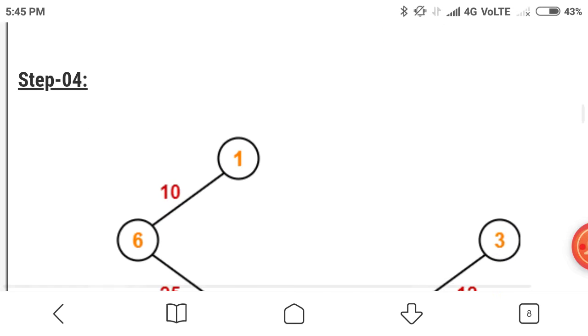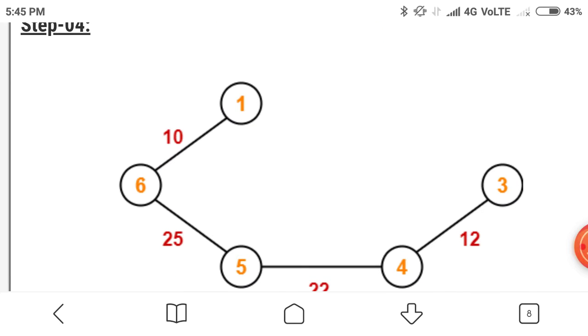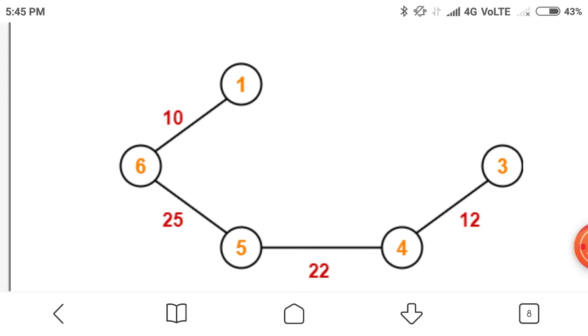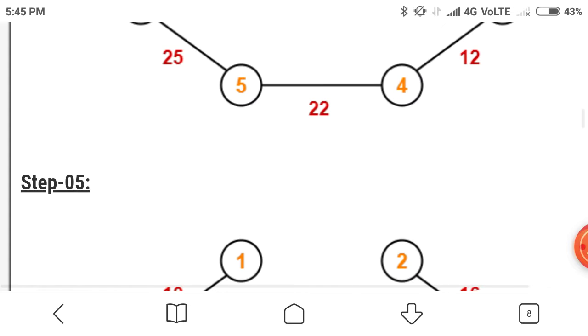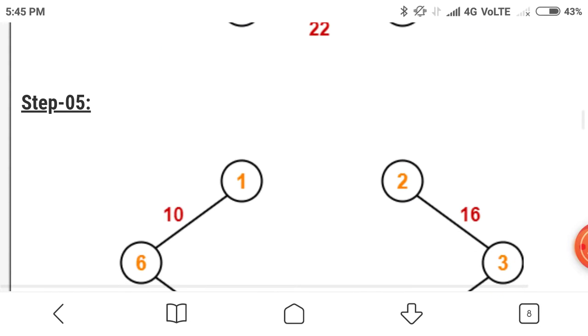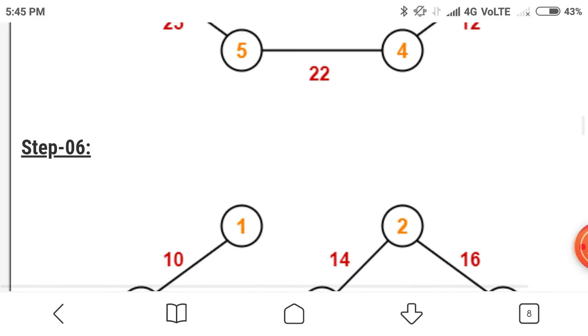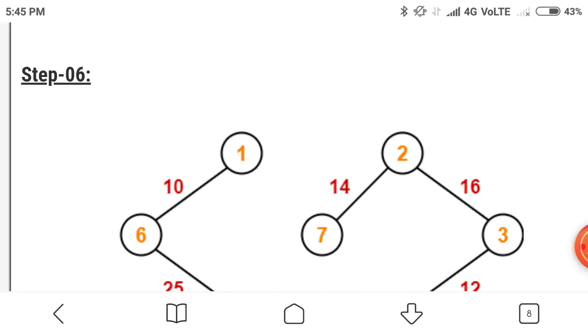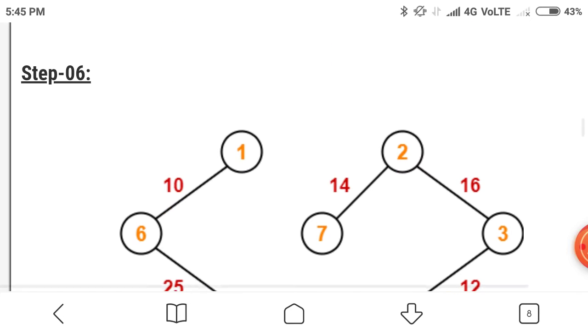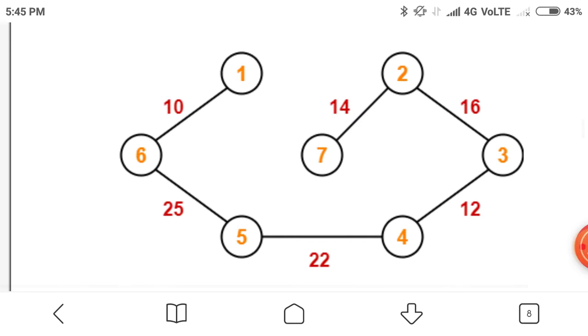Then in the next step, 12 is selected, 4 to 3. Next in step 5, 16 is selected, 3 to 2, as I discussed. Next 2 to 7, that is 14, is selected. So that is the final spanning tree.